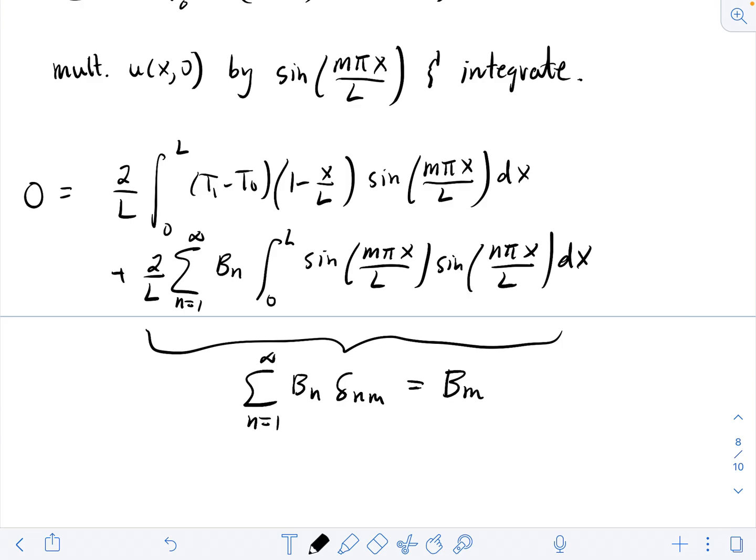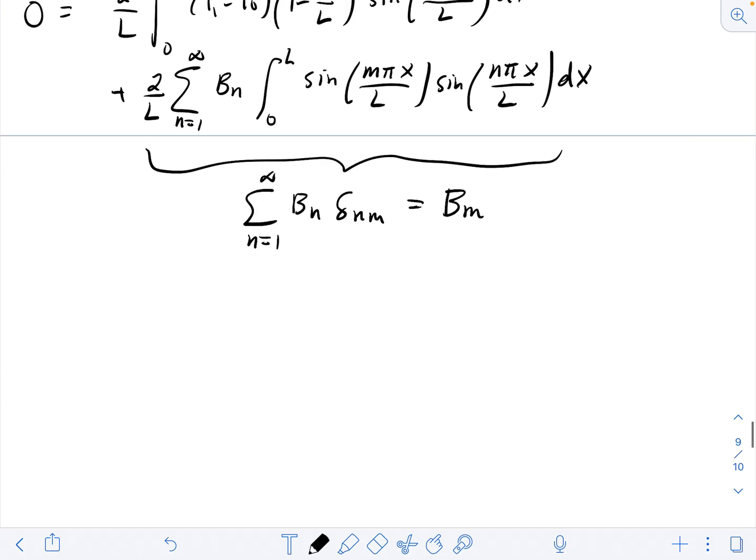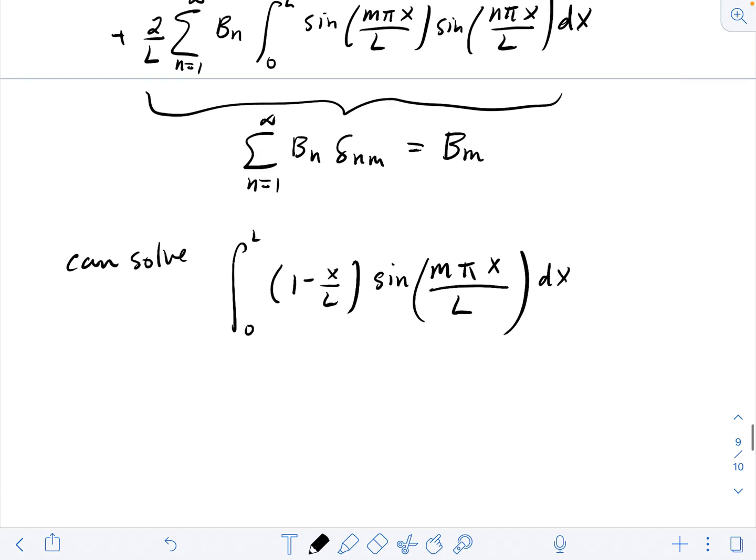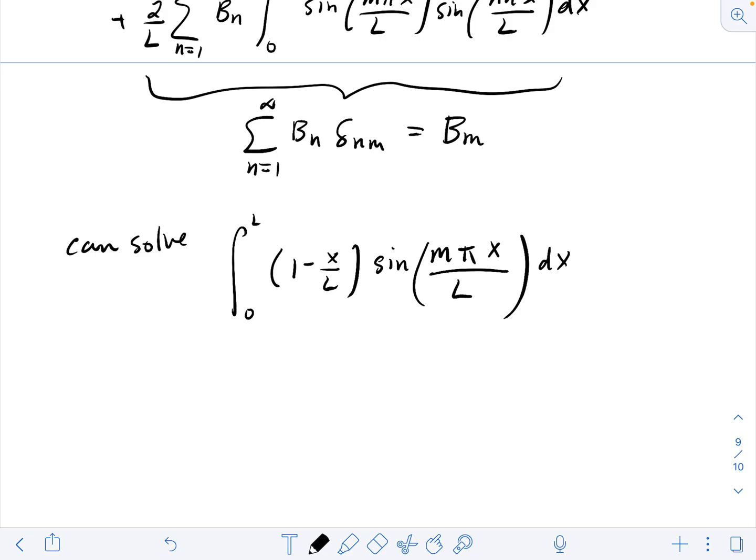We still have another integral to do, and what we have to do is solve the following. It's the integral of some linear function of x times sine of x. You may recognize that the way you should do this is by integration by parts.